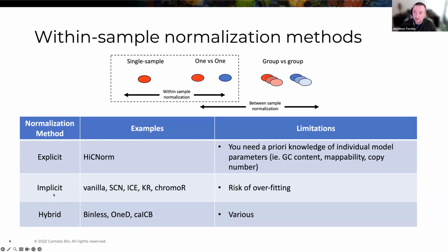And what this means is you don't need to know anything really about your sample. It has an overarching assumption that the coverage within each bin that you're normalizing is equally visible. Really, what that means is the limitation of that is you risk potentially overfitting again some biological signal.